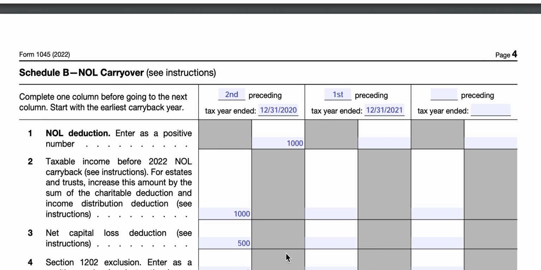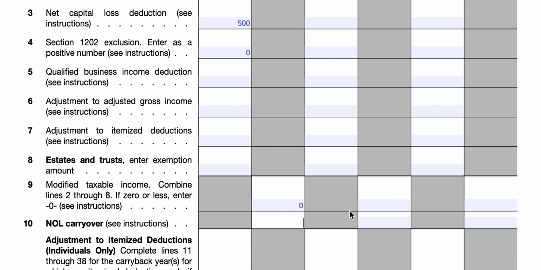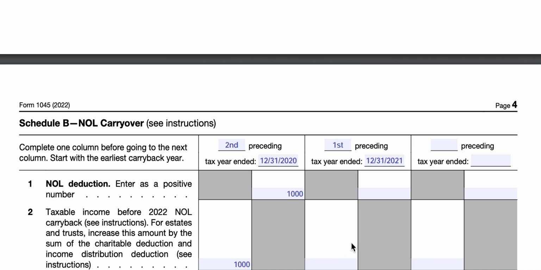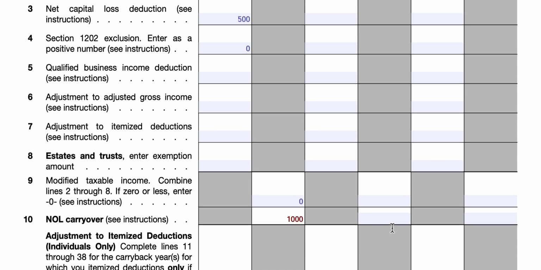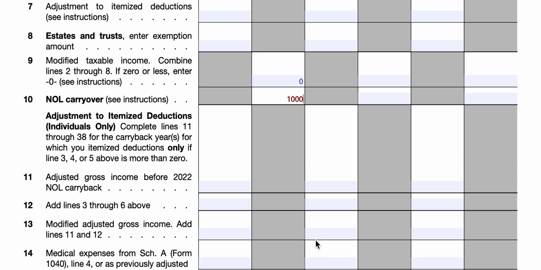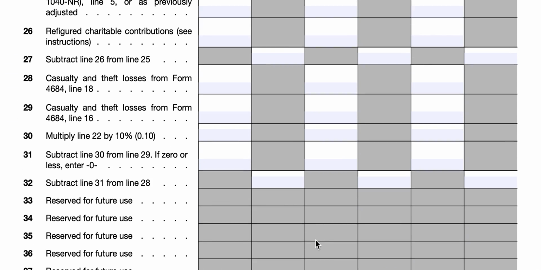So if you go all the way through this and you've entered your net operating loss carryover, then you'll need to redo this for the first tax year, walk through this, and then if there's any amount remaining on line 10, you'll need to carry that forward to 2023. So we'll briefly walk through lines 11 through 38.